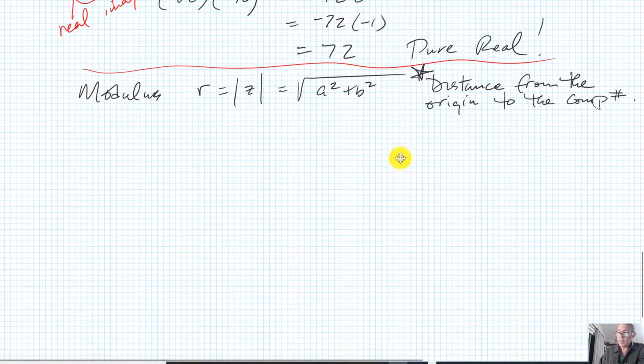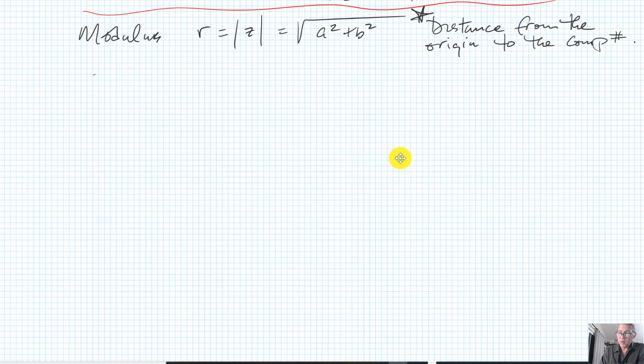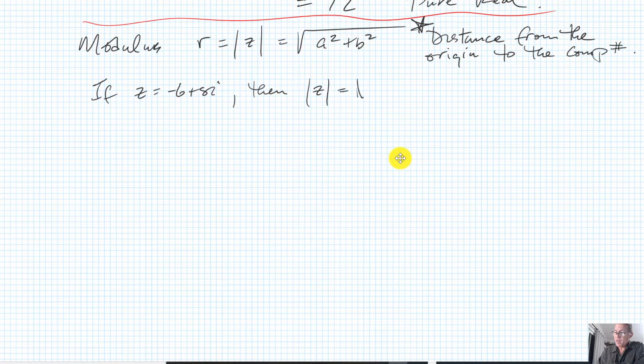So let's calculate it. If I give you a complex number like negative 3 plus 4i, let's say. No, actually, let me change that up. Negative 6 plus 8i, let's do that. Then the absolute value of z, which is denoted by the modulus, is found by taking the square root of negative 6 squared plus 8 squared.